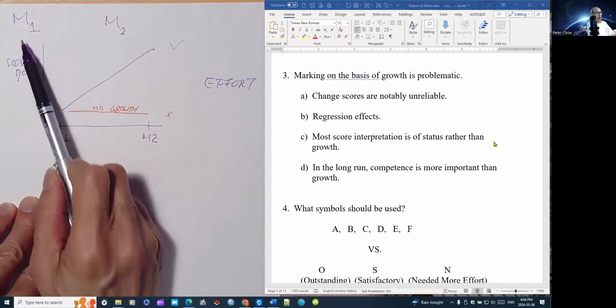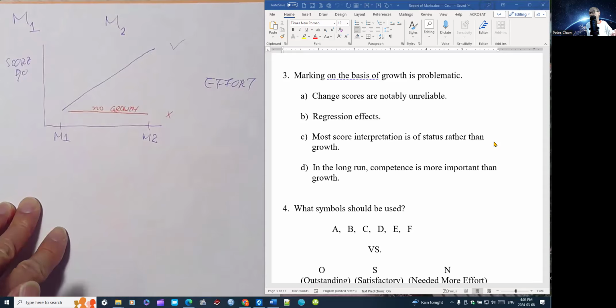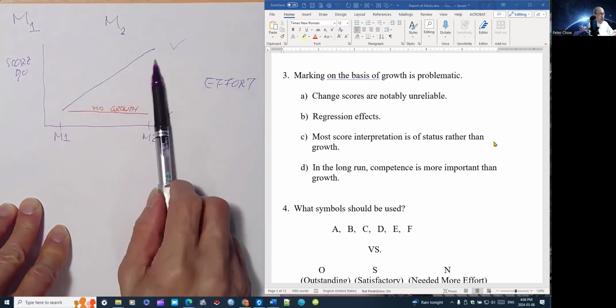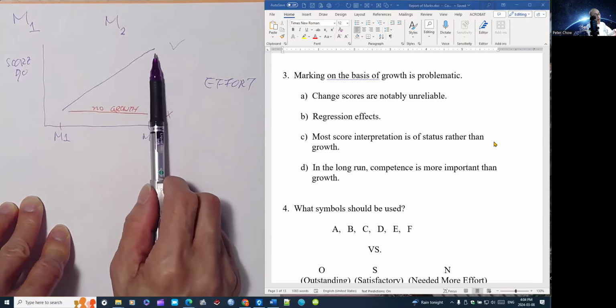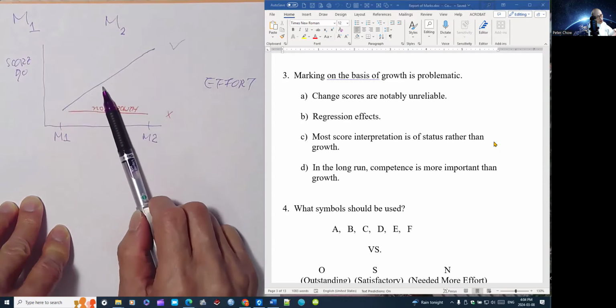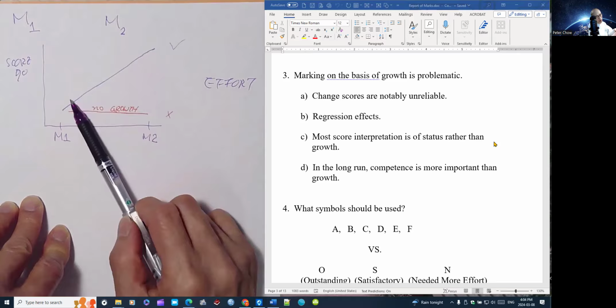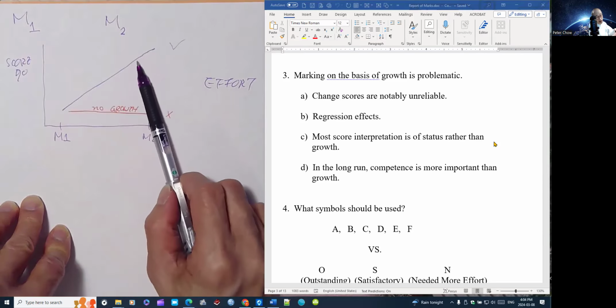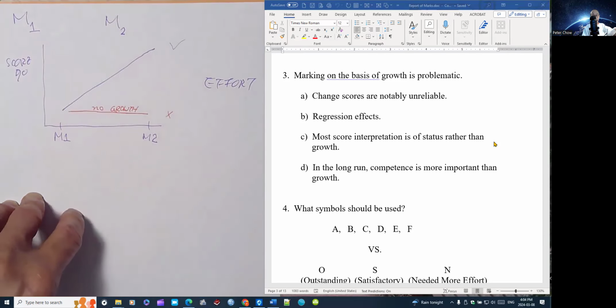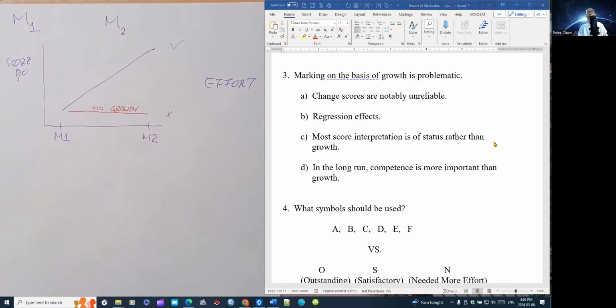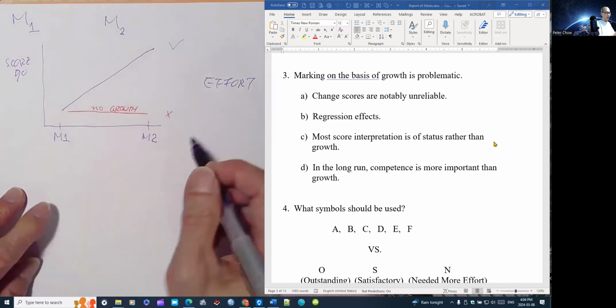And all you have to do is read a couple of chapters and that will propel you up here. Your line will go up like this. You see, this is the problem of growth score.